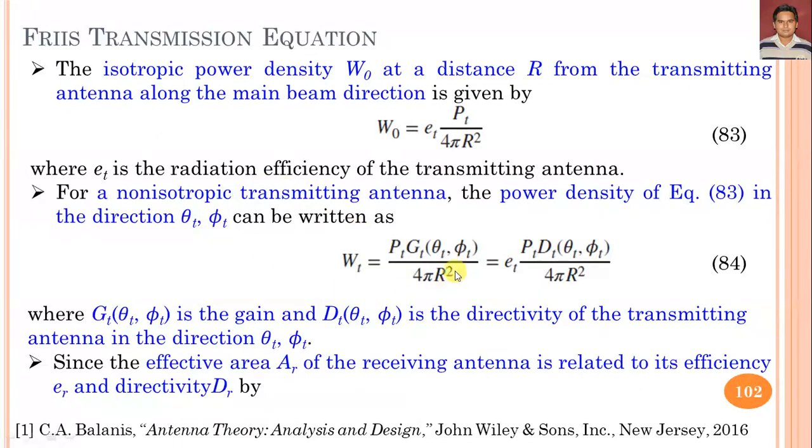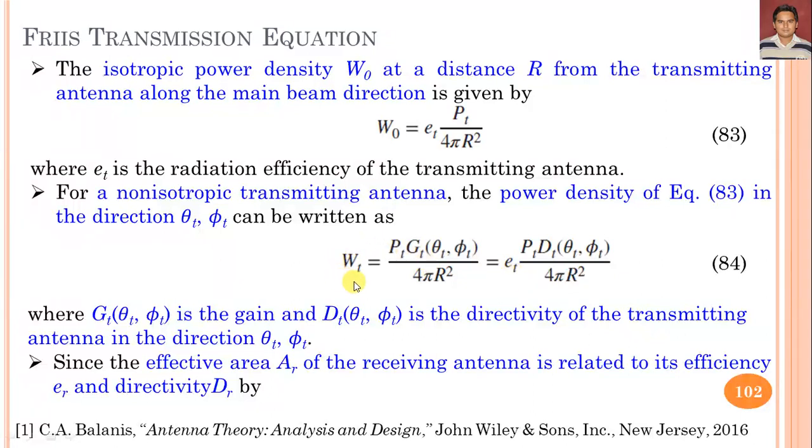So we can calculate the power density of the transmitting antenna Wt, which is equal to Pt Gt theta t comma phi t upon 4 pi R square. Here we have multiplied by Gt, the transmitting antenna gain, and the product of Pt and Gt is called the effective isotropic radiated power. Gt, the gain of the antenna that we discussed previously, is equal to et Dt theta t comma phi t.